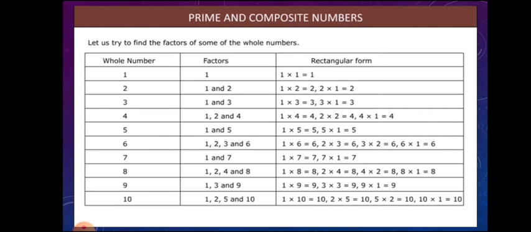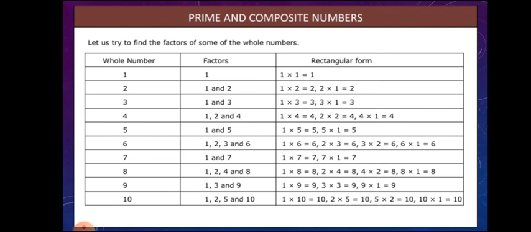So next is prime and composite numbers. Let us try to find the factors of some of the whole numbers. Factor of 1 is, yes children, 1. Factors of 2 are 1 and 2. Factors of 3 are 1 and 3. Factors of 4 are 1, 2 and 4.